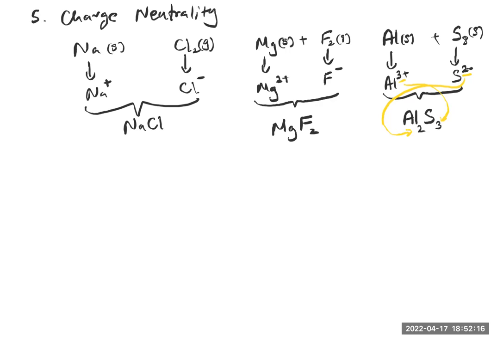Sulfur is -2. If you have 3 of them, the anion side will have -6. 3 times -2 is -6. And aluminum is +3. We have 2 of them. Therefore, 2 times +3 is +6. Guess what? +6 plus -6 is 0. And that's why Al2S3 is our chemical formula for this.